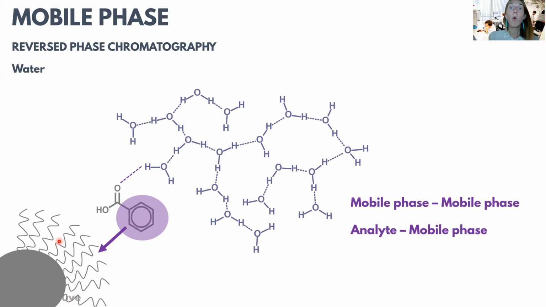I've already mentioned the word partitioning, and this comes from the fact that the mobile phase, of course, is a liquid, and this extensive layer of C18 groups that we have in reverse phase chromatography, we also view as very similar to a liquid phase. So this is acting like an analyte partitioning between two liquids.